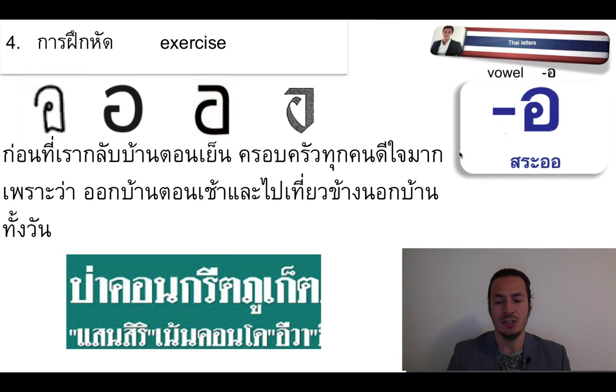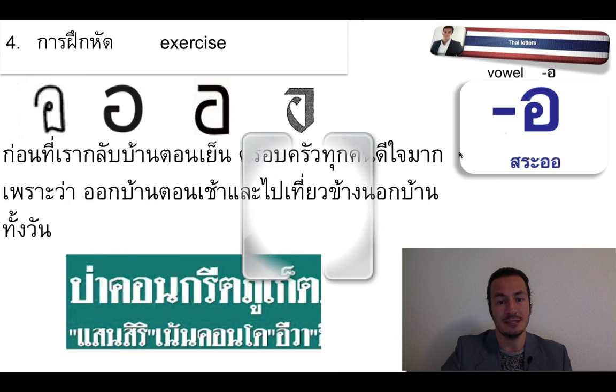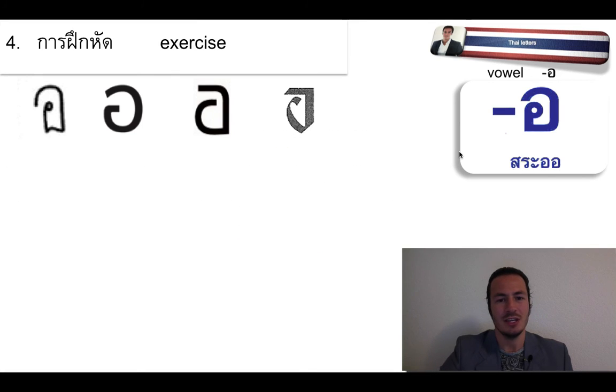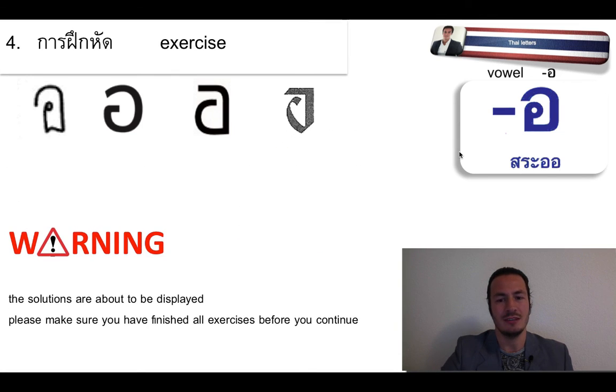Okay, but this should be fairly easy. Then pause the video here, and before you continue watching, just make sure that you've actually solved the exercise. It's for your own practicing sake, and then continue watching.